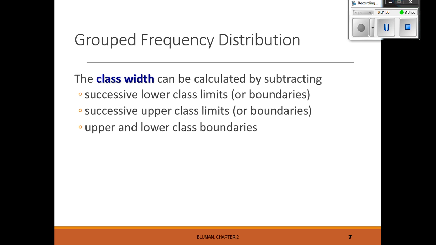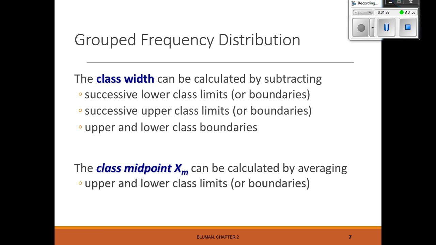You can find that by subtracting your successive lower class limits, meaning one right after another, your upper class limits, or your upper and lower class boundaries. So there are a few different ways of doing that, but basically think of it as how many numbers are in each class. That's your class width. The midpoint is calculated by averaging your upper and lower class limits.